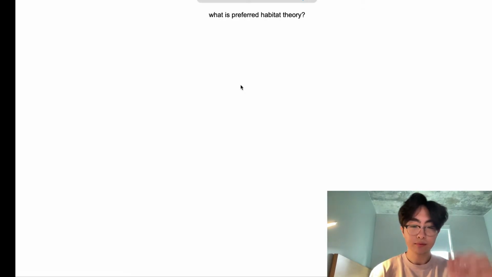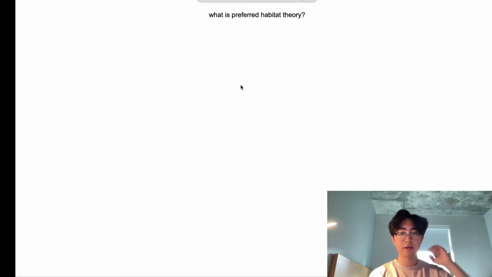Okay. What is preferred habitat theory? I think this is the idea that whenever you're in the market to buy these fixed income securities, for whatever reason you prefer some specific type of maturity or some specific time frame for your cash flows.